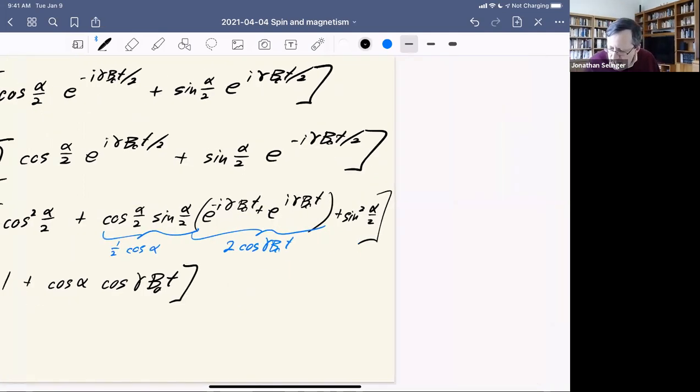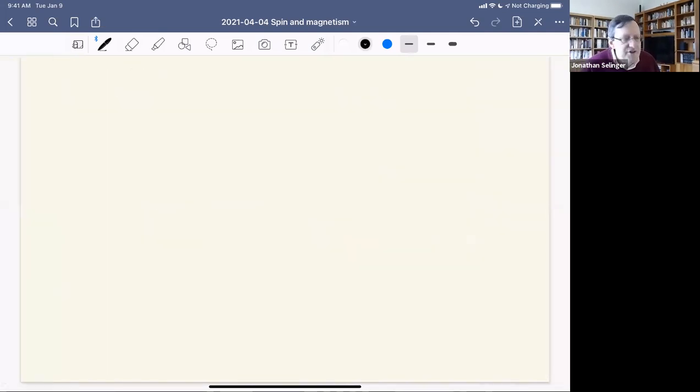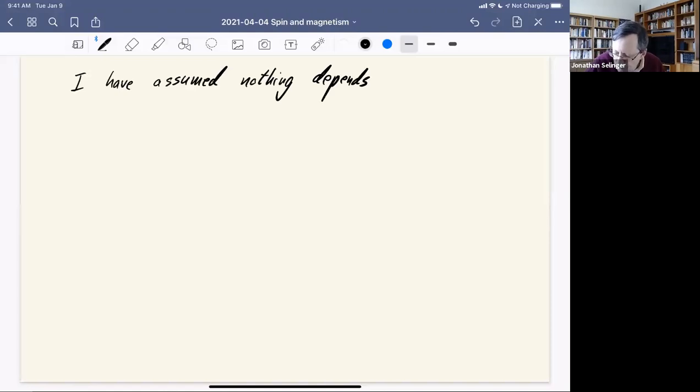One more variation on this I can just mention in the last 4 or 5 minutes here. Up through here, in everything in this class, I have assumed that nothing depends on position. Now, that's the simplest kind of experiment, but what if the magnetic field does depend on position?